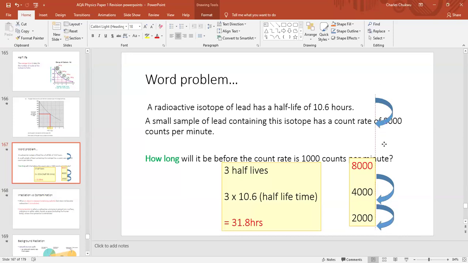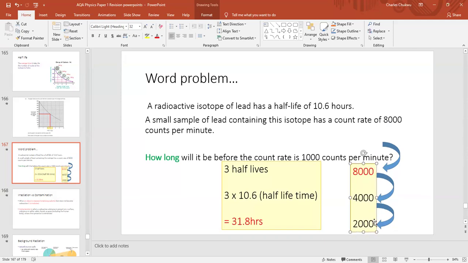Trying to arrange this down. Okay, can you still see my screen? Yes. All right.